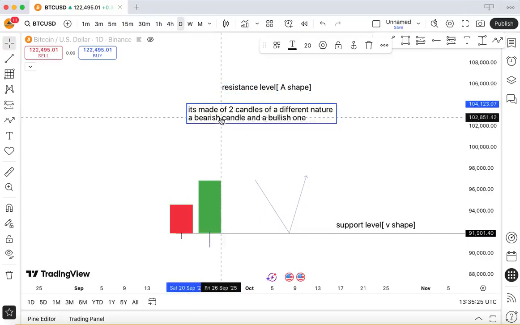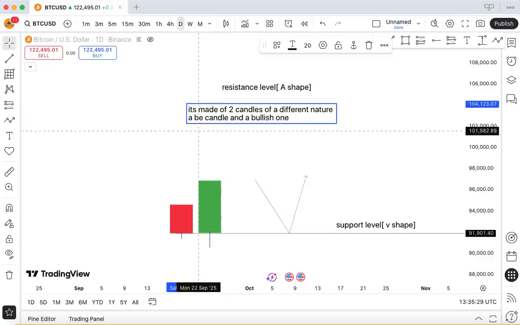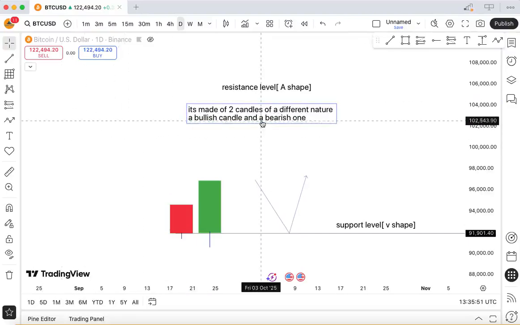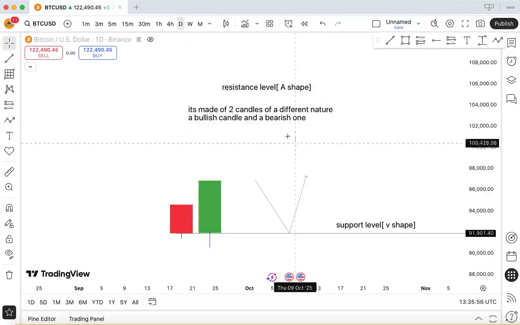So from here we are starting with the bullish one, and a bearish one. So it's made of two candles of a different nature, a bullish candle and a bearish candle.